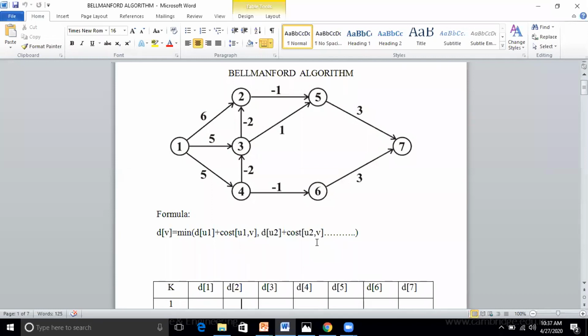Once I solve the problem, you'll come to know. In this case, let me consider 1 as the source. The remaining vertices are 2, 3, 4, 5, 6, 7.